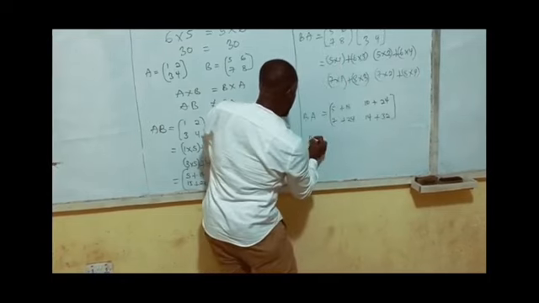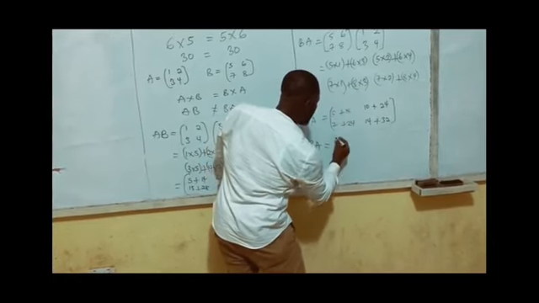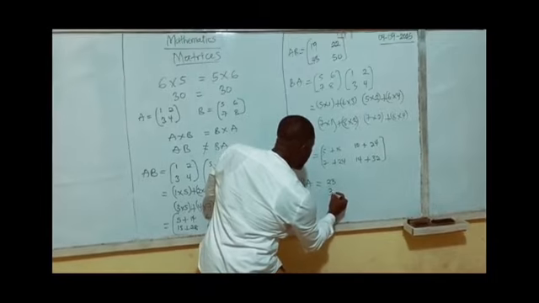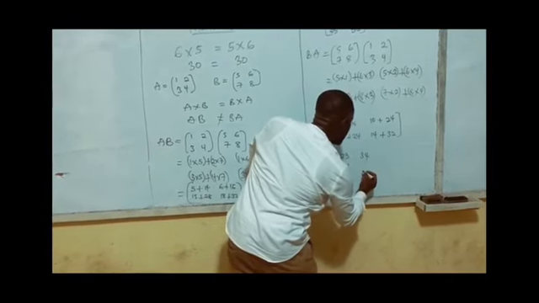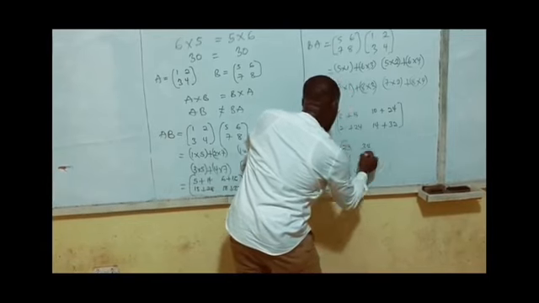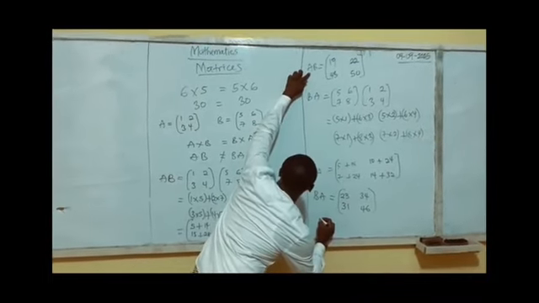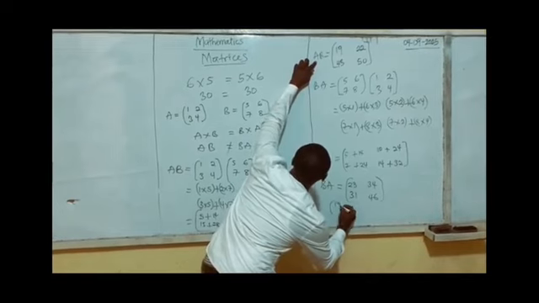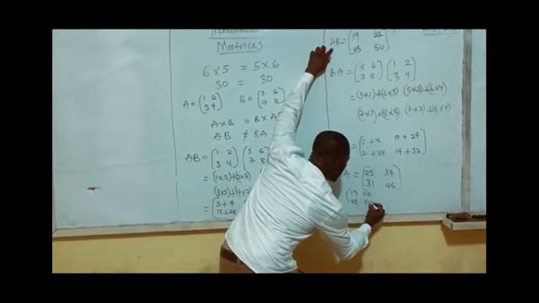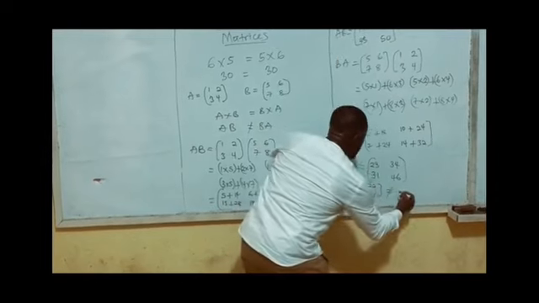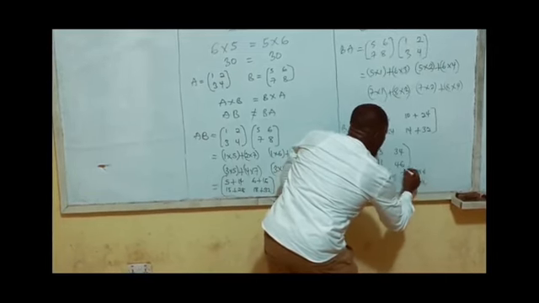So BA is equal to 23, 34, 31, and 46. Now, when you look at AB, what did we get? We had AB as 19, 22, 43, 50, which is not equal to BA, which is 23, 34, 31, and 46.